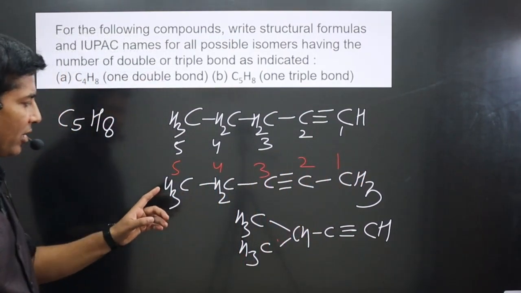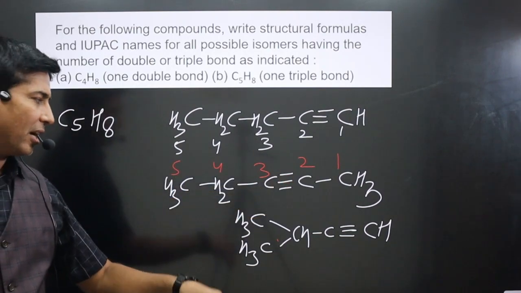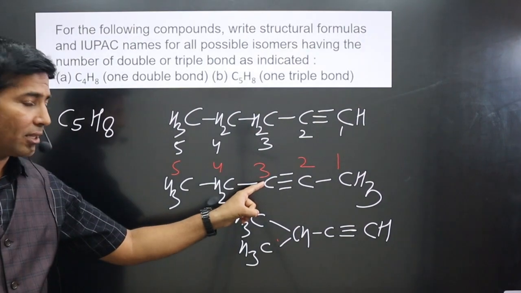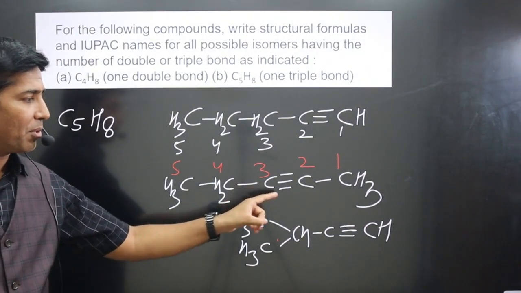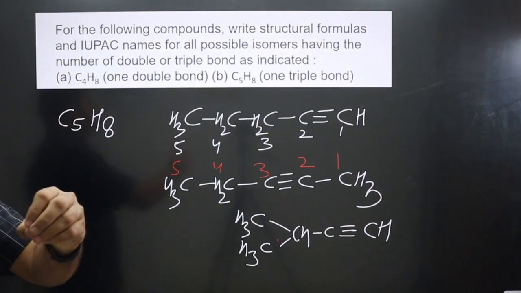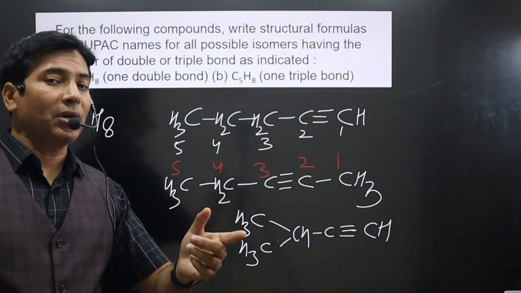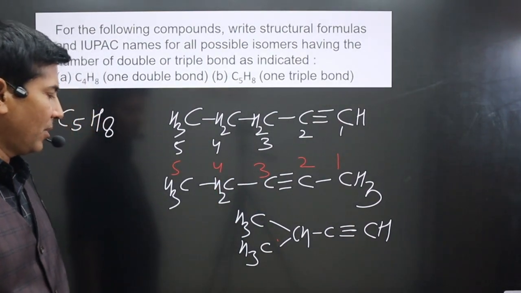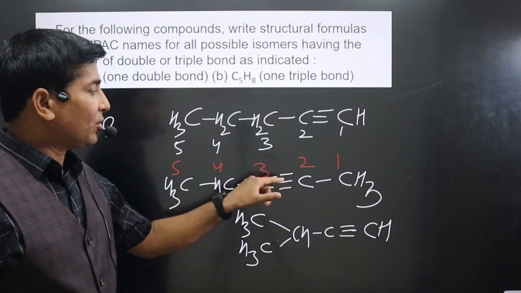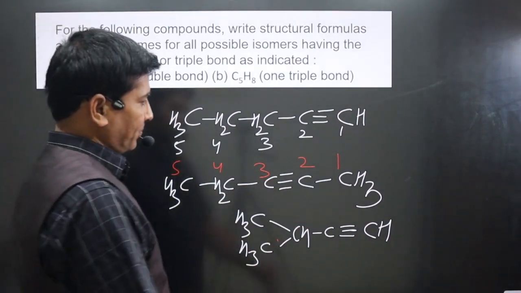Keep in mind you cannot number from left to right, because then the triple bond comes at the third carbon, but from this side it comes at the second carbon. We always allocate the minimum number to the functional group. So in this case we mention pent 2 yne.